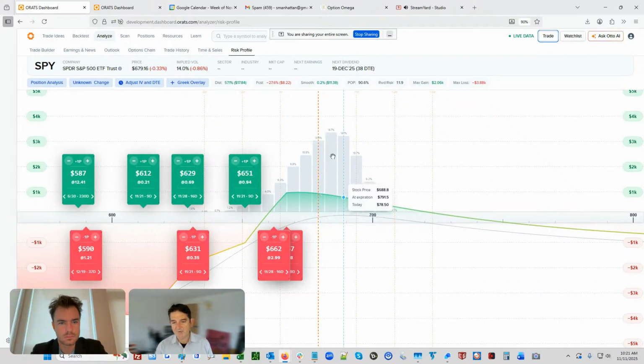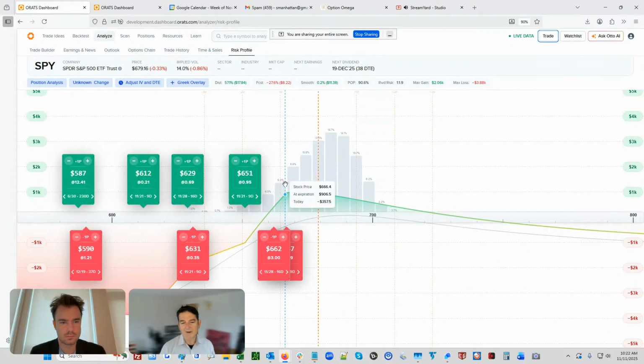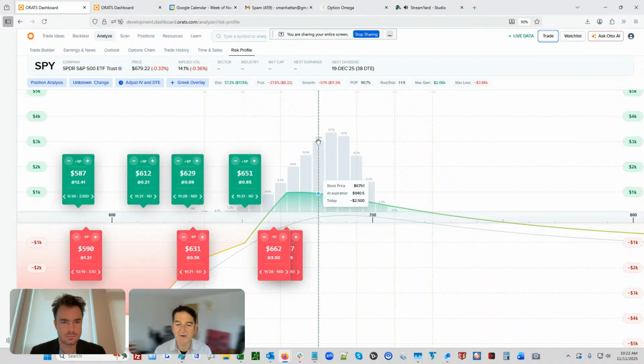Most of the moves you could see, markets are kind of skewed to the upside and they have long tails on the left side. That's just how stocks tend to move. And so you get a much more accurate probability of profit if you have a more accurate distribution. If you're just using a normal distribution and an off-the-shelf probability of profit calculation, you're not going to get the right calculation.